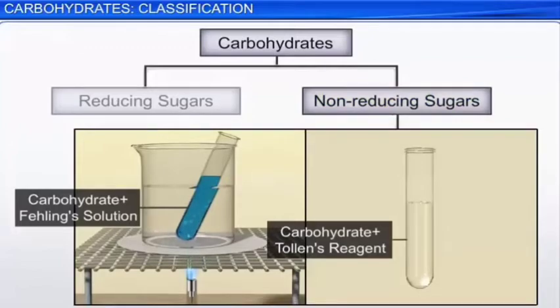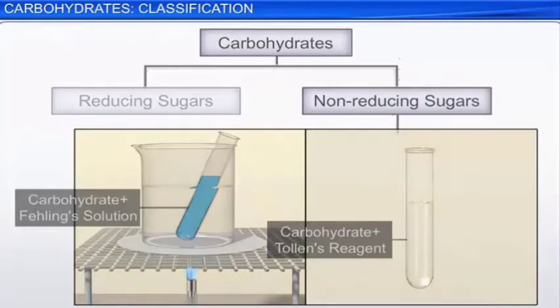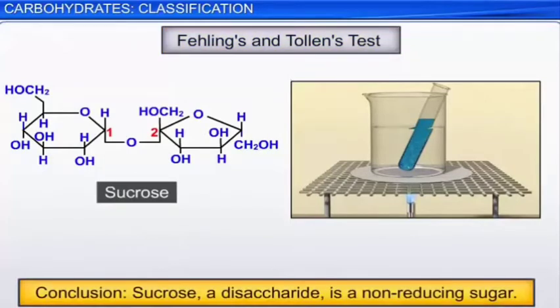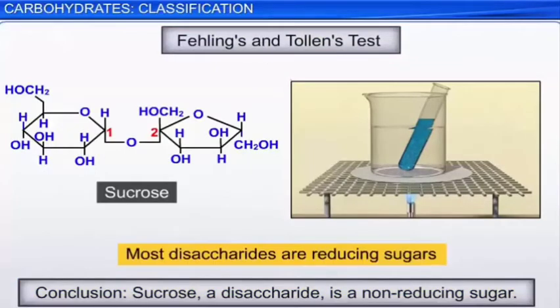All monosaccharides are reducing sugars. Sucrose would give negative results with both Fehling's and Tollens test. Hence, it is a non-reducing sugar. Most disaccharides are reducing sugars, and sucrose is unusual in this respect.